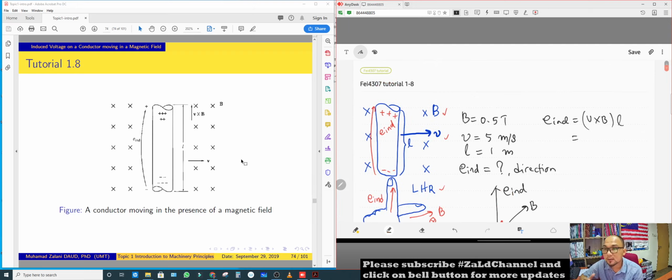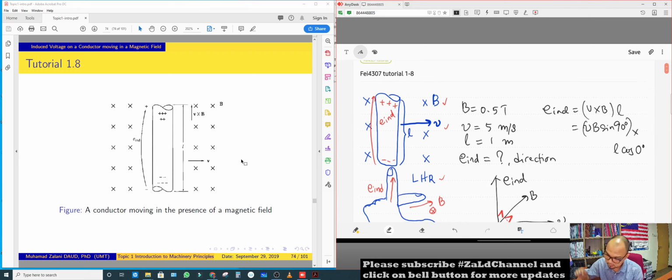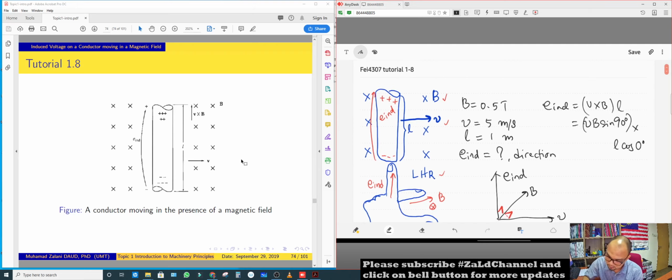We just eliminate the cross product here to be V B sine 90 degree L cosine 0 degree in this case, because L direction is already the same as the direction of induced voltage. Okay, so becomes V B L, because sine 90 degree is 1.